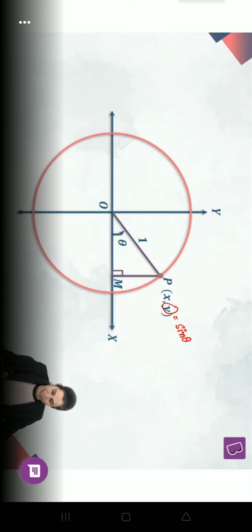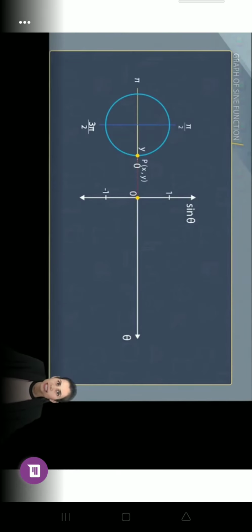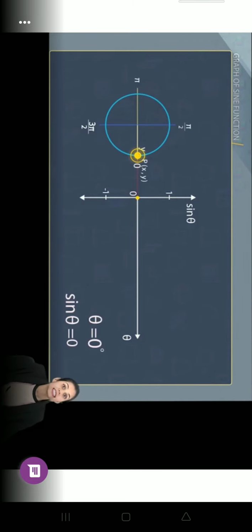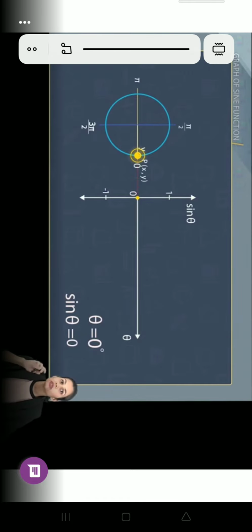So for that, let us plot the values of theta along the x-axis and the corresponding values of sine theta along the y-axis. See, when theta is 0, that means P is sitting here at 1, 0, then sine theta is equal to the y coordinate of P, which is 0, which gives you sine 0 is 0. Further, when theta starts increasing from 0 in the first quadrant, see what's happening?